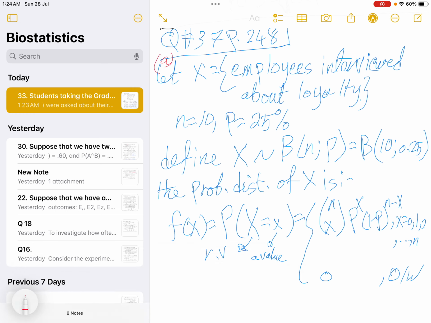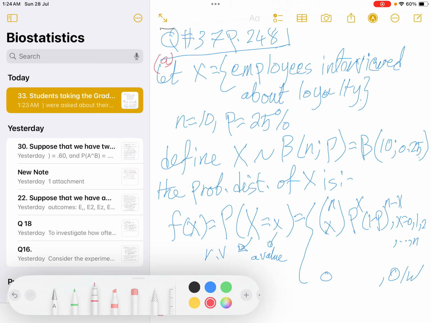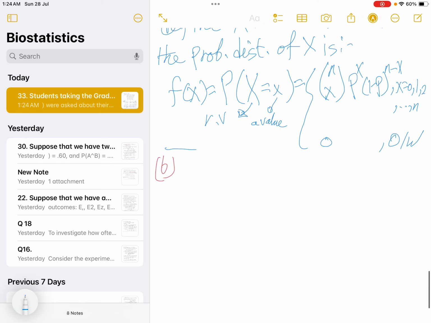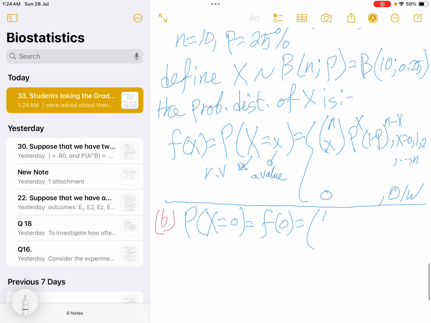Part B: none means probability capital X equals 0. If it is 0, it will be n 10 over 0, which is 1, 0.25 to the power 0, 0.75 to the power 10. You will have 0.75 to the power 10. Part C.